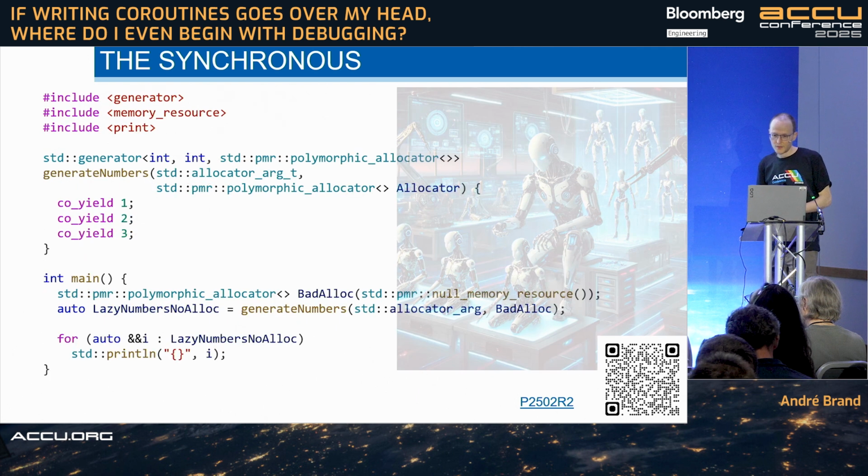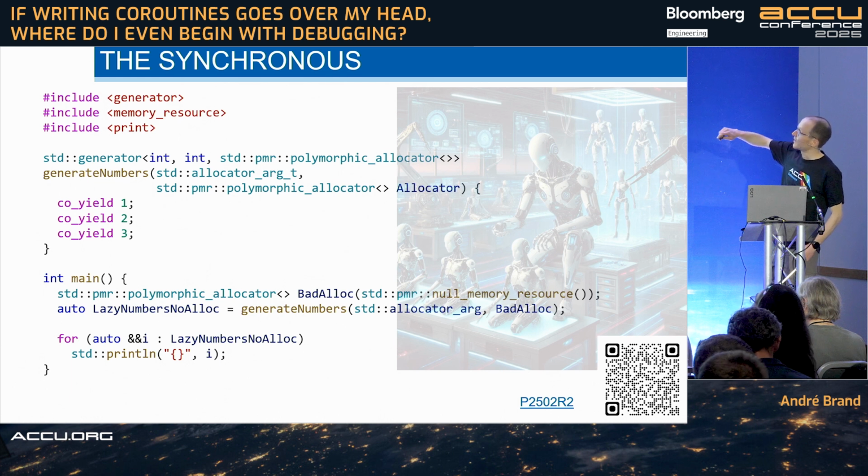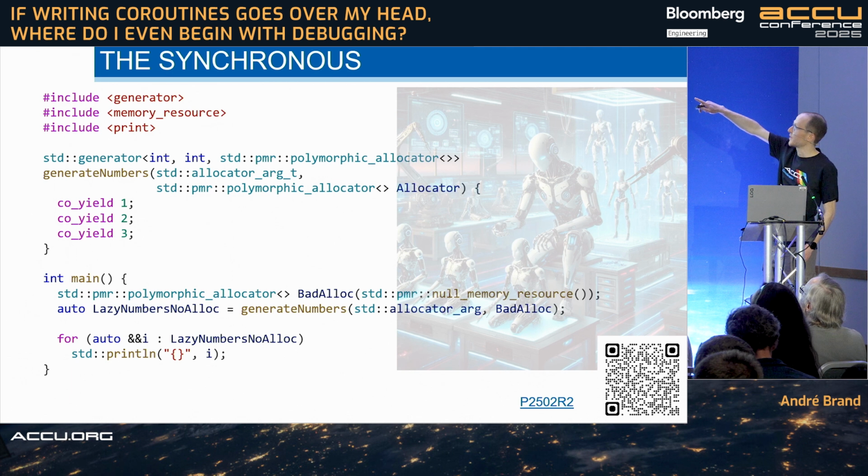So another thing a coroutine is capable of, this is a more exotic thing. The coroutine return type can also sneak a peek at the parameters you pass to your coroutine.